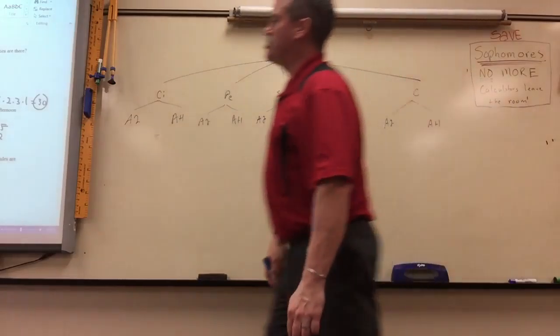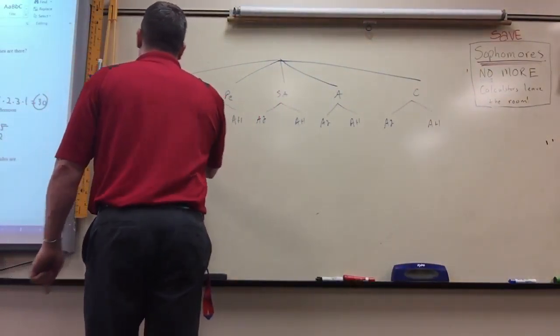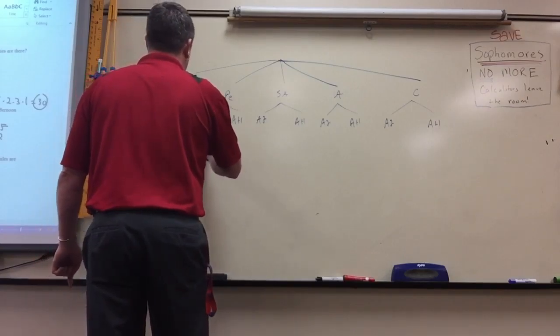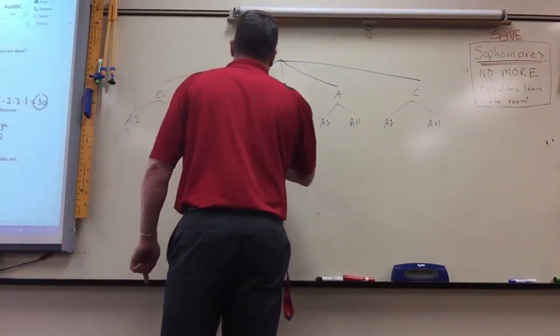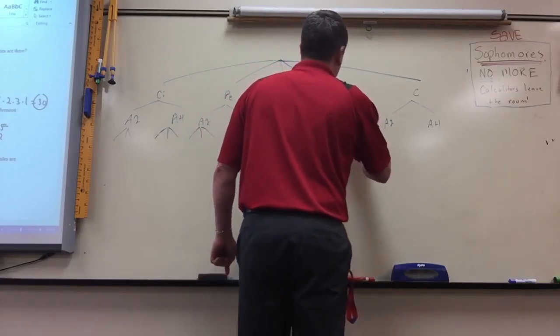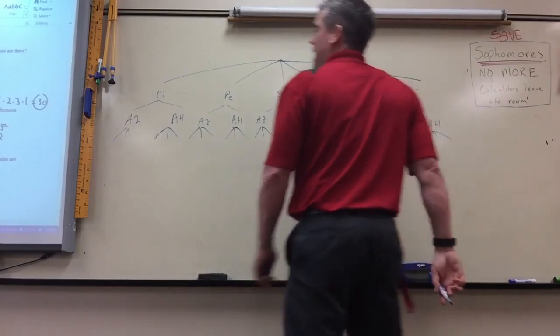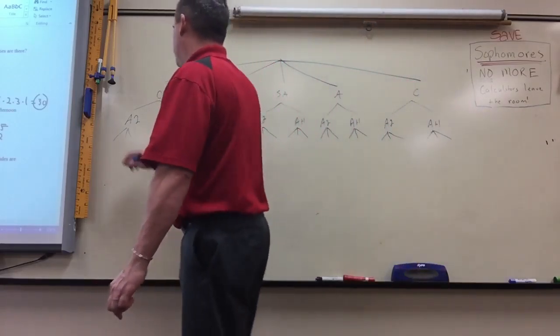And then there were 3 choices for 6th hour, so each one of these has to have 3. And those were food, Spanish, and German.